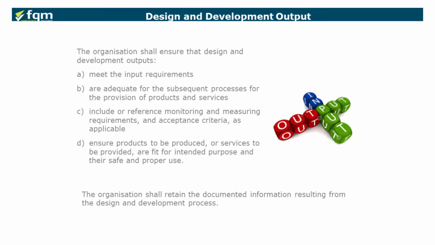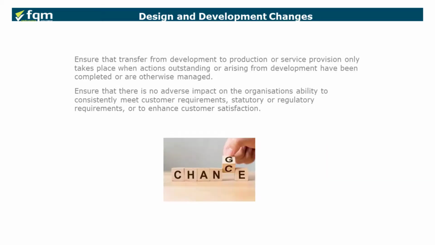These are all going to be based on the input elements that came in. If there has been significant requirements around control associated to safety or anything like that, we have to be able to look at that input and show that we can demonstrate on the output we have the controls in place. Design and development changes. When a change occurs in a design, we have to look at how that moves from an initial change request into an item that gets moved into full production or full service provision.